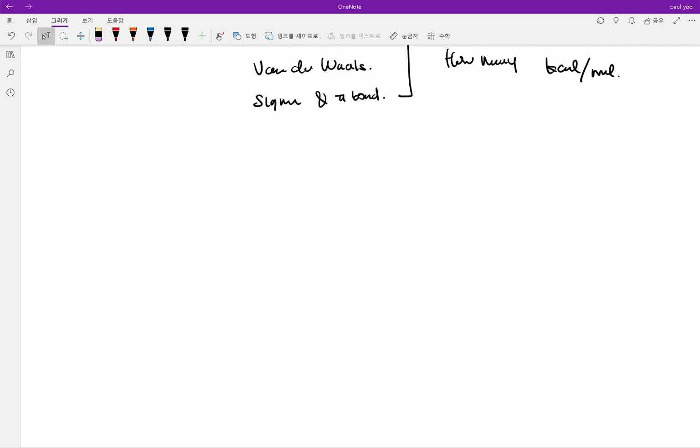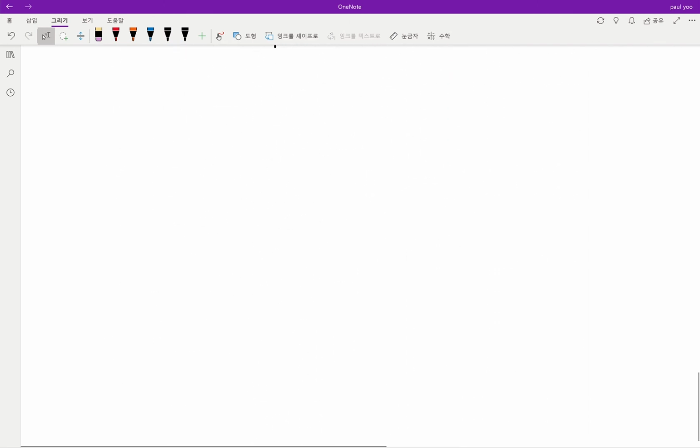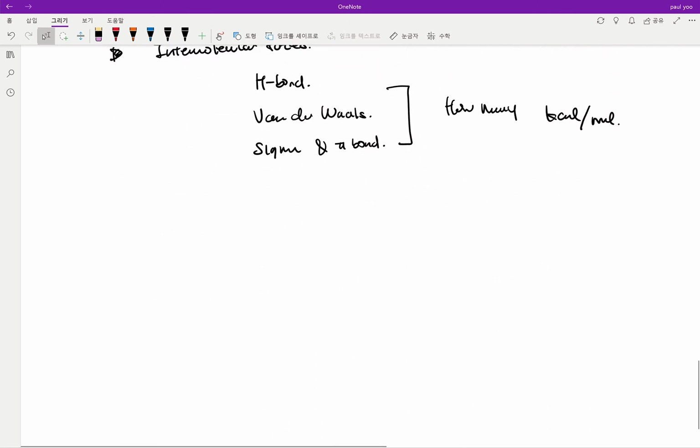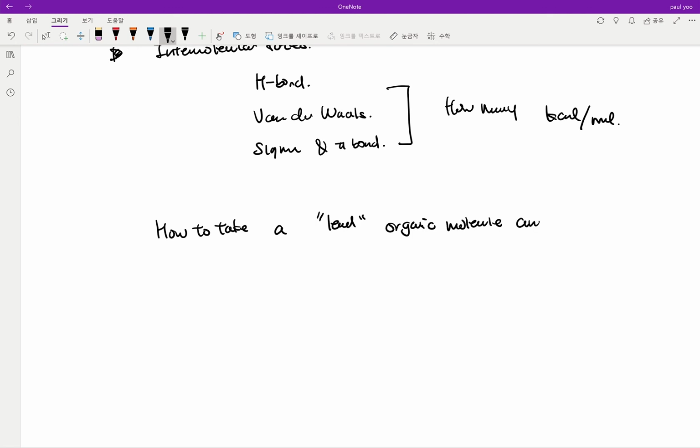And lastly, we'll be answering how to take a lead organic molecule and turn it into a drug.